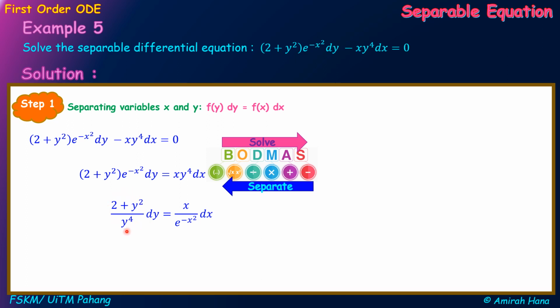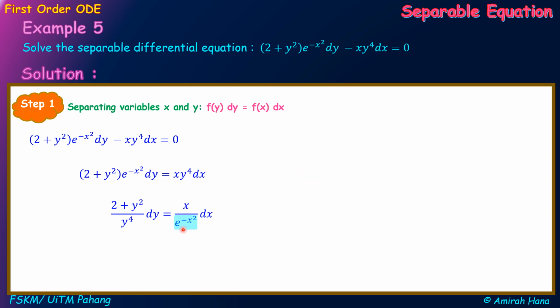Now on the left hand side, we have only terms containing y and dy, and there is no term containing x. On the right hand side, we only have terms containing x and dx and no more variable y. The e here is not a variable, but the natural number, which is 2.718 something.